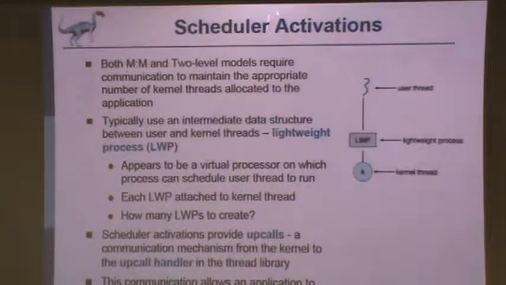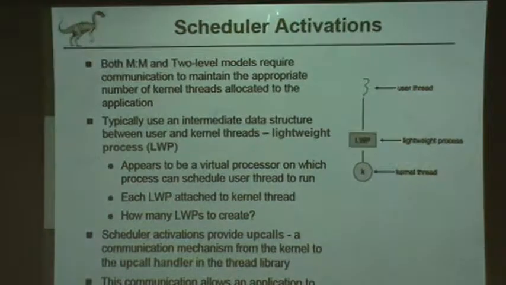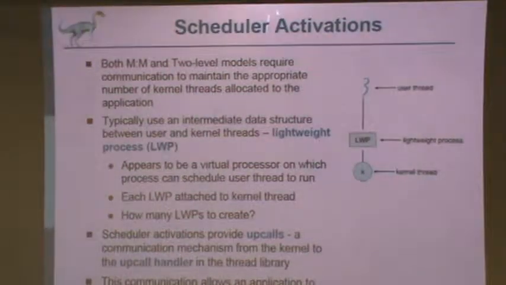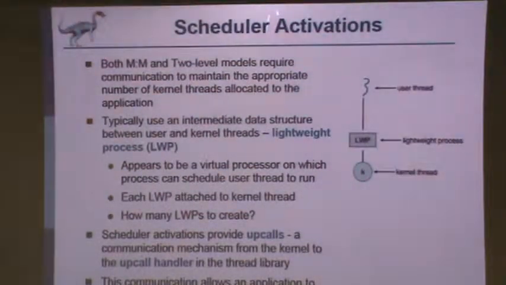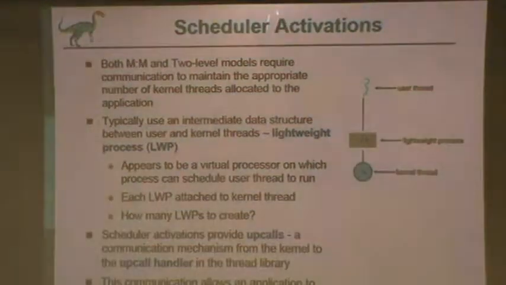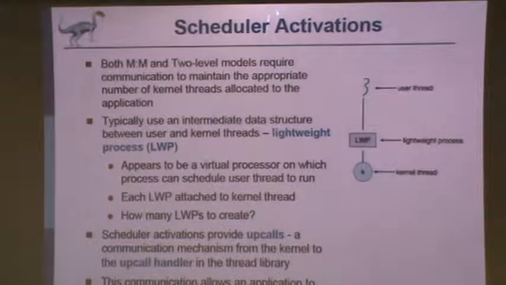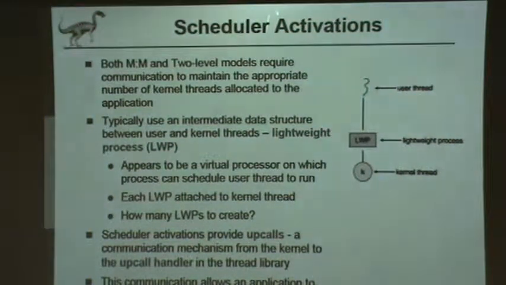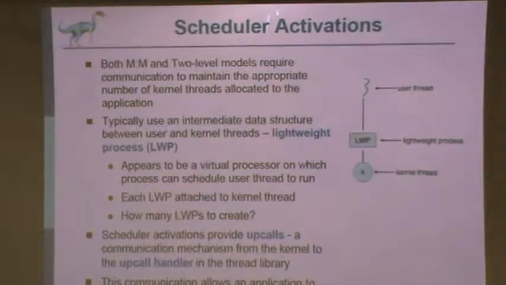So there's scheduler activation. We talked about the two-level model with user threads and kernel threads. How can we allocate the different user threads to different kernel threads?